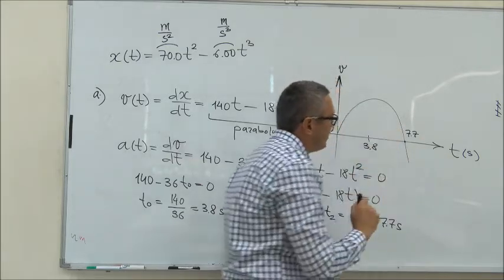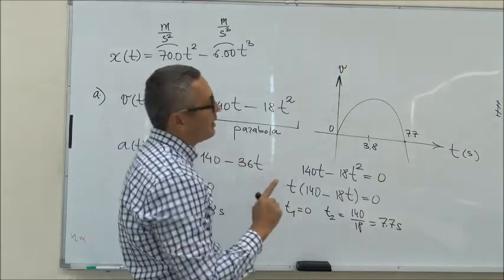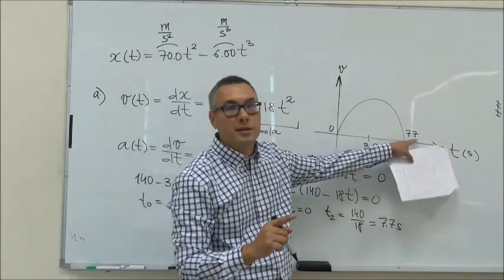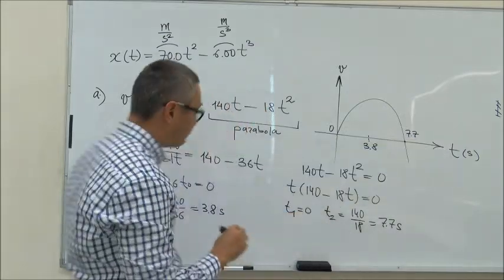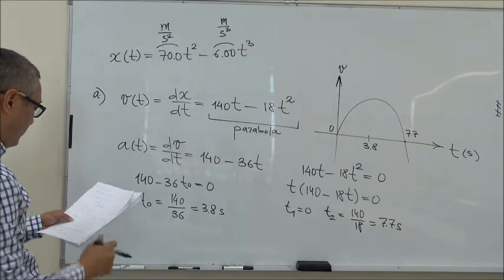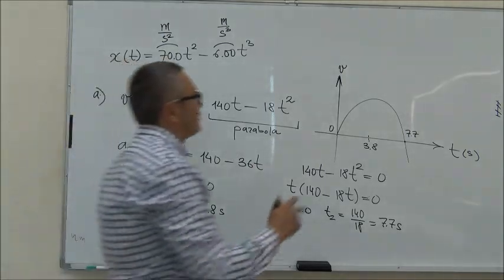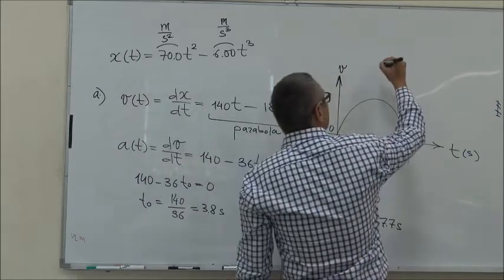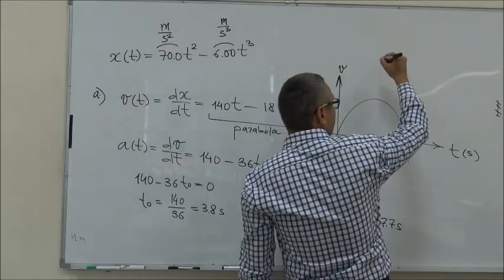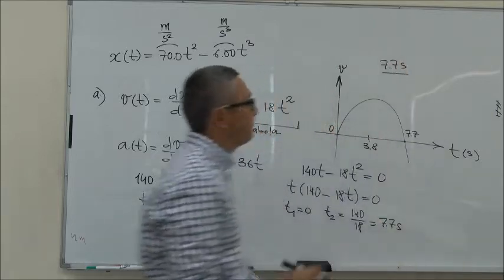Which means that the particle will reach its maximum positive x position at time t equals 7.7 seconds. And that answers part A. So the time at which it reaches its maximum positive x position is 7.7 seconds.